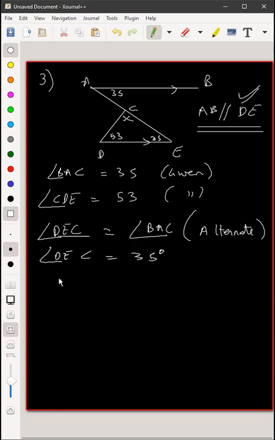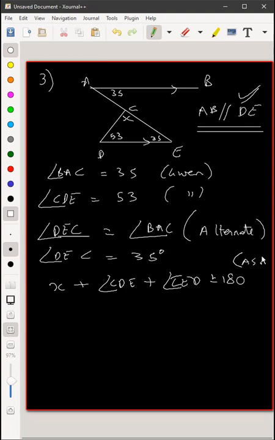Now we are going to do angle DCE plus angle DEC plus angle CDE is equal to 180 degrees. What property? Angle sum property.